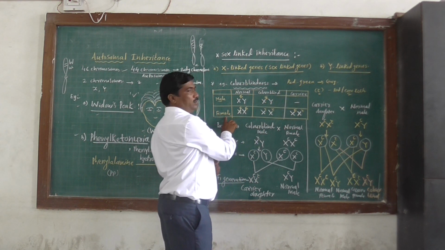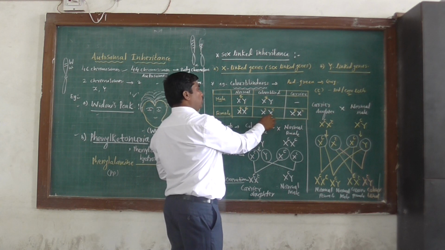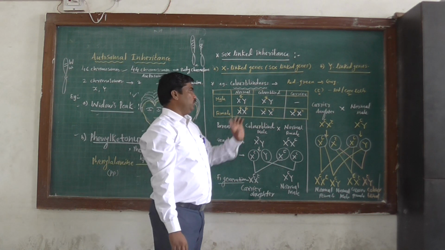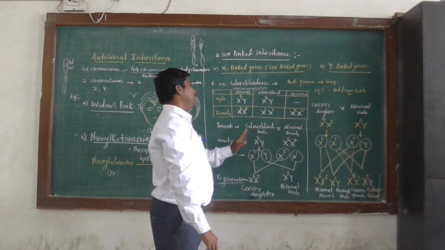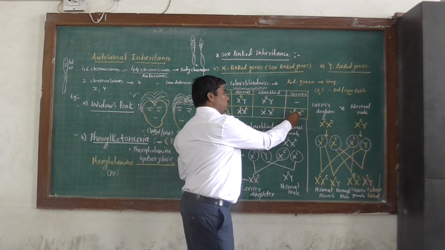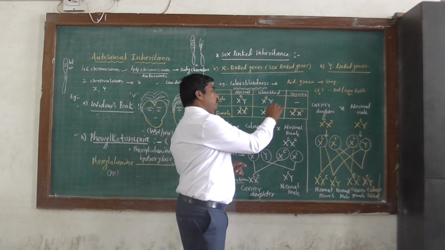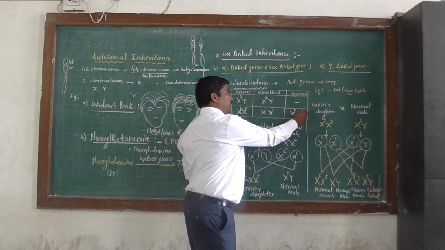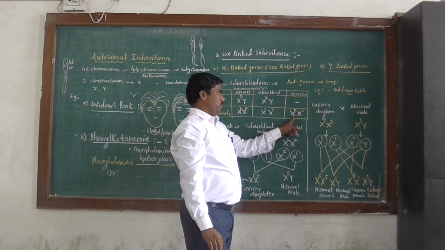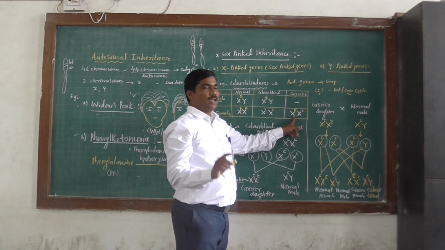And a female is colorblind only when both chromosomes have the recessive allele, or recessive gene. If one X chromosome contains the dominant gene and the other X chromosome contains the recessive gene, then this female acts as a carrier.